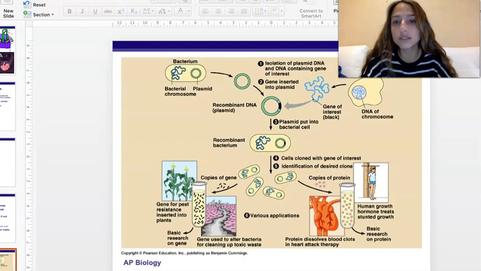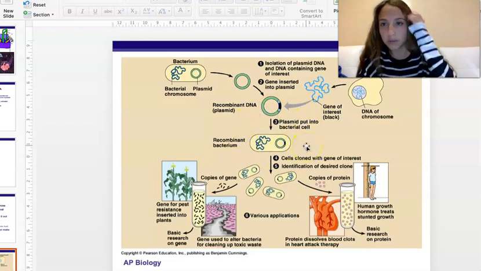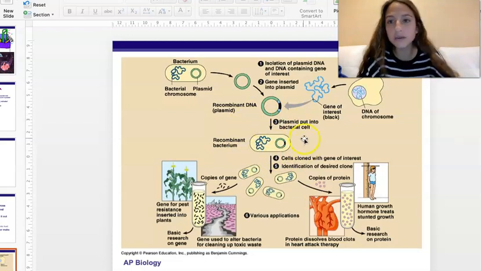So if we want to see how this works, this is kind of how it works. You have this bacteria with its chromosome and its plasmid. You take out the plasmid, you cut the plasmid in the place where you want to insert the gene of interest. You insert the gene, and then you reinsert that plasmid into a recombinant bacteria. Now it's recombinant because it has two different sources of DNA.